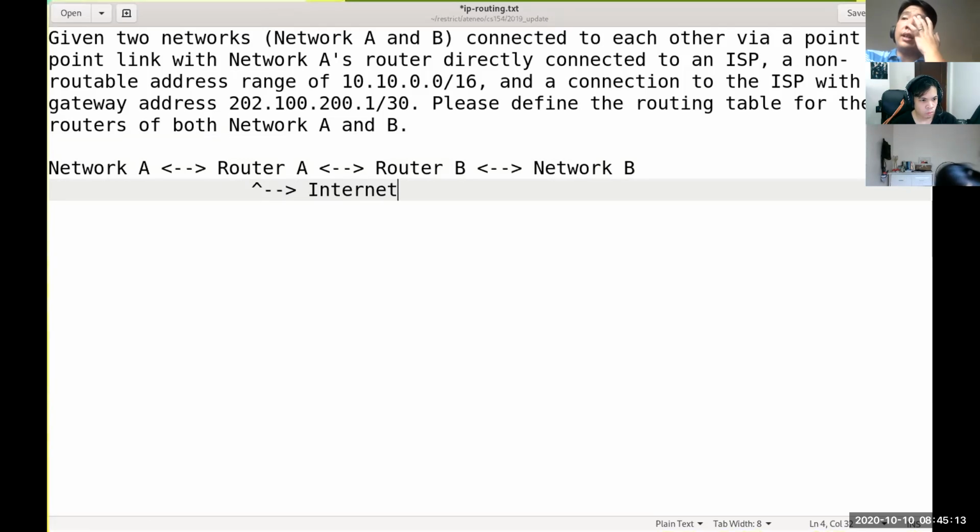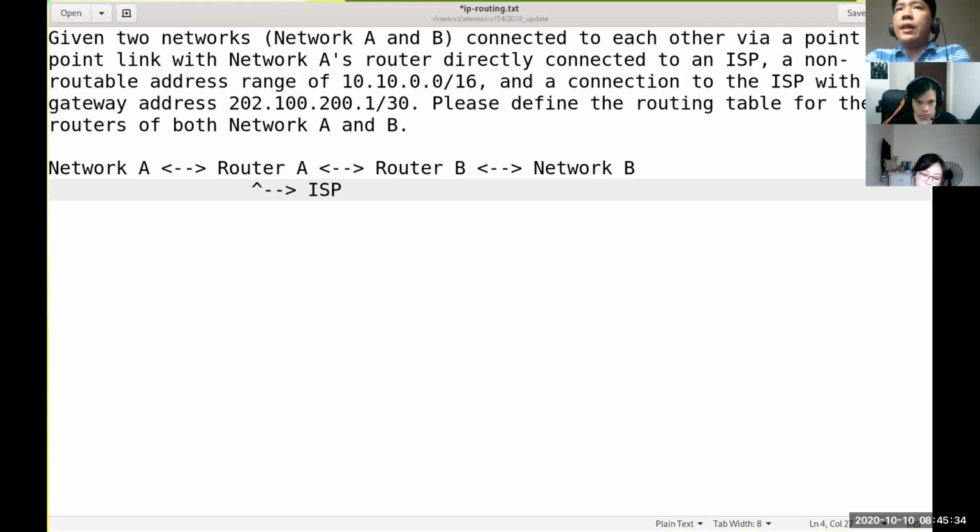So this is what your network looks like. Topology-wise, you have network A connected to router A connected to router B connected to network B, and router A connected to your internet or your ISP. Let's call this ISP. Okay, question so far before I proceed.